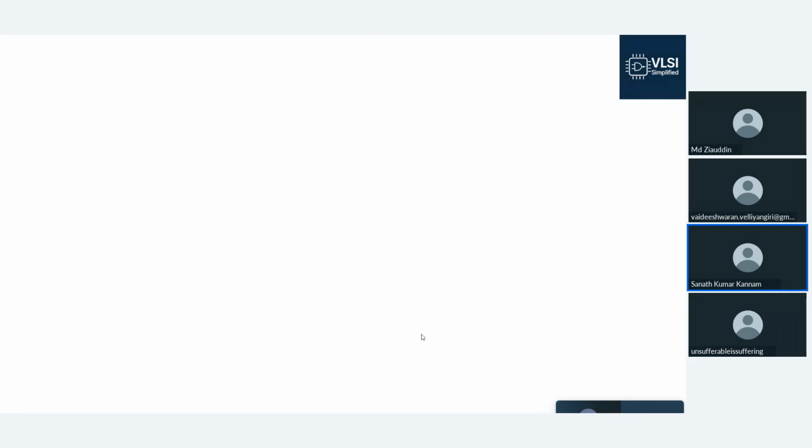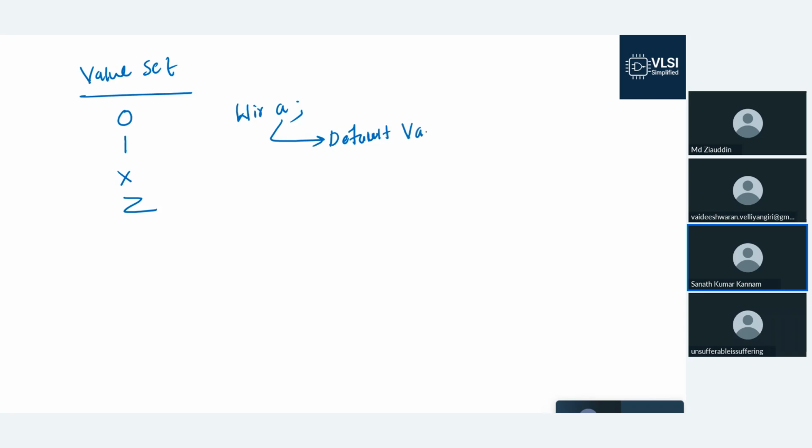We already saw the value set. What are the values in Verilog? The value set has 0, 1, x and z. Suppose I consider some wire a. What is the default value it will take? The default value of the net data type is z.